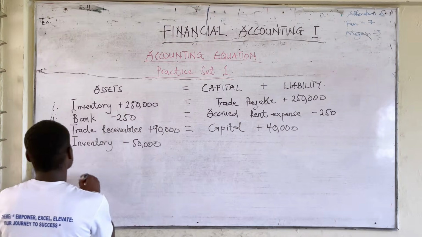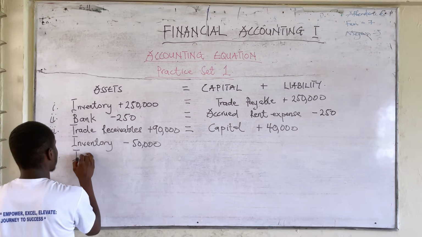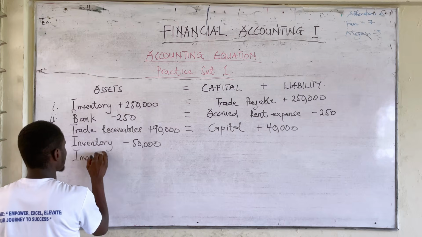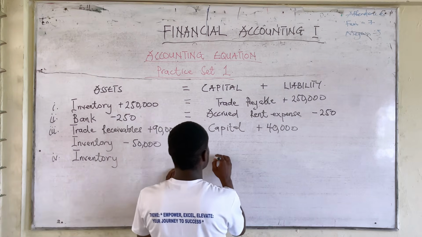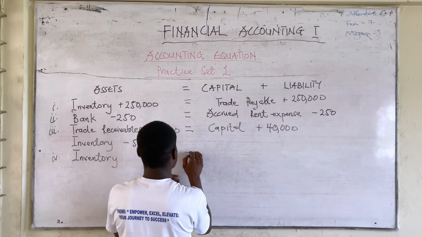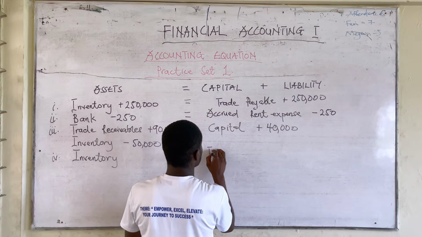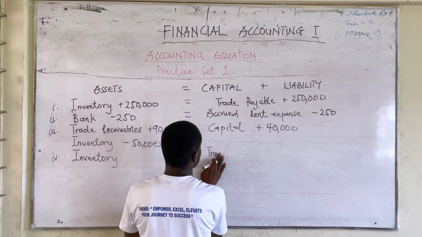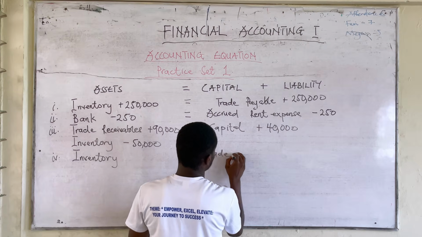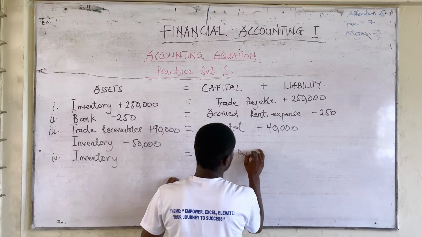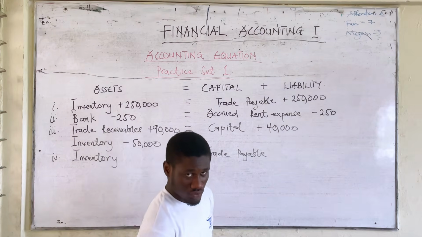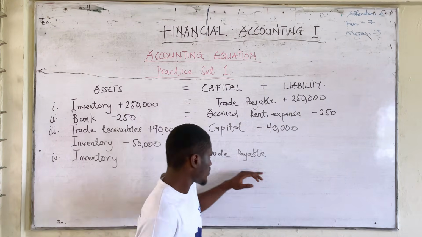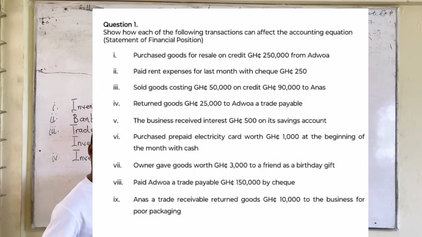And we know that inventory is an asset. And we have trade payable. So now what's happening here? We bought goods from trade payables on credit.